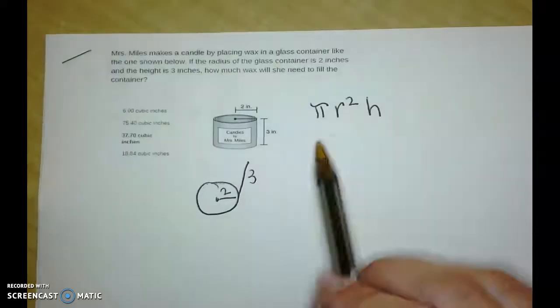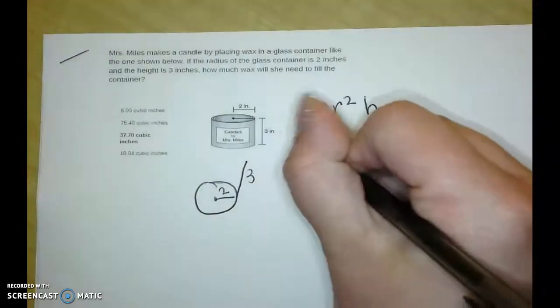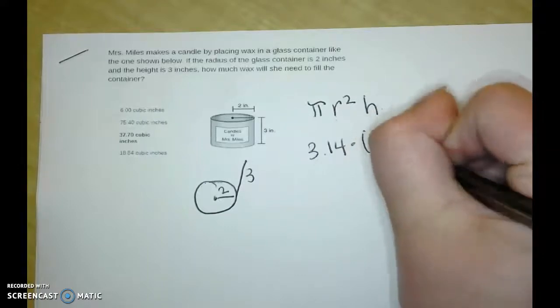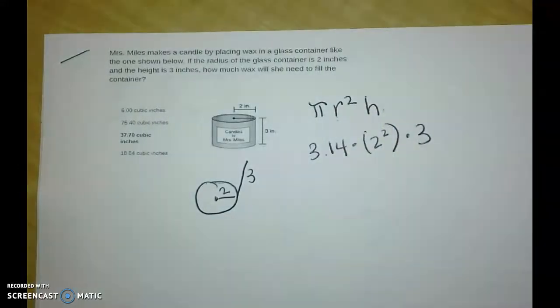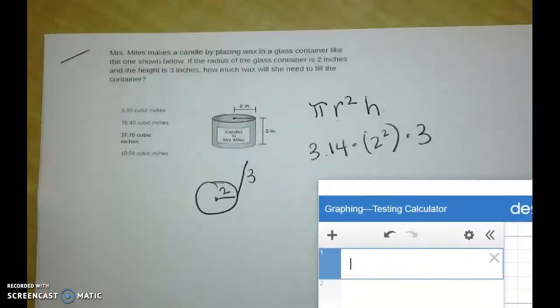Alright, now we're just replacing the formula with numbers. So for pi, we're going to write 3.14 times 2 squared times 3. Alright, and then you can just open Desmos and type this in.